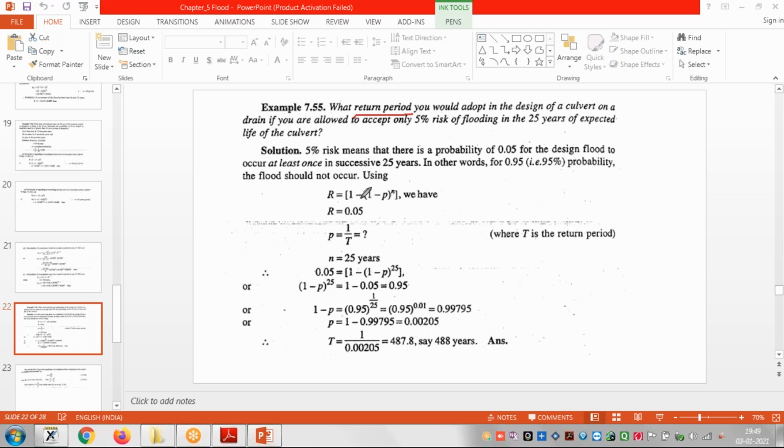So just check, risk formula is this one. First the risk is given; probability we don't know, but 1 upon t, t means return period, and this n is the 25 years. So first of all, we will put all these values.